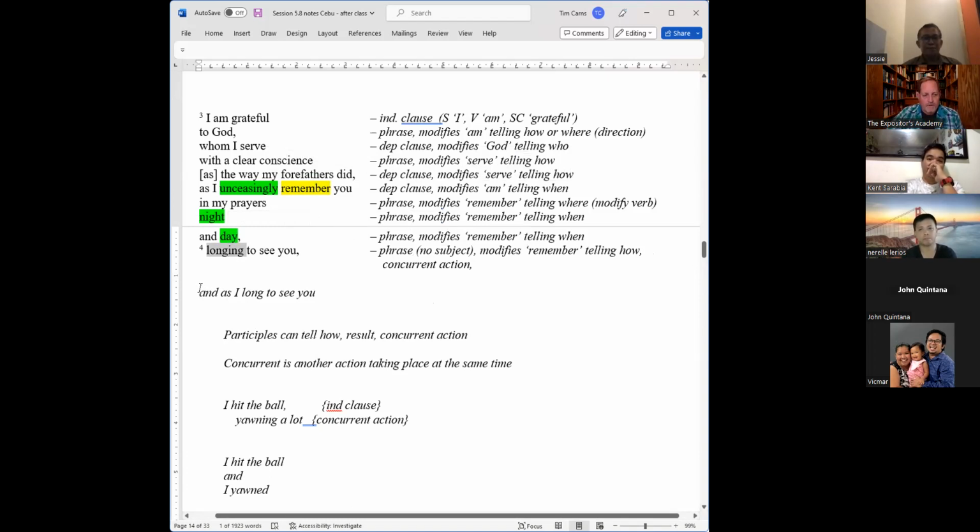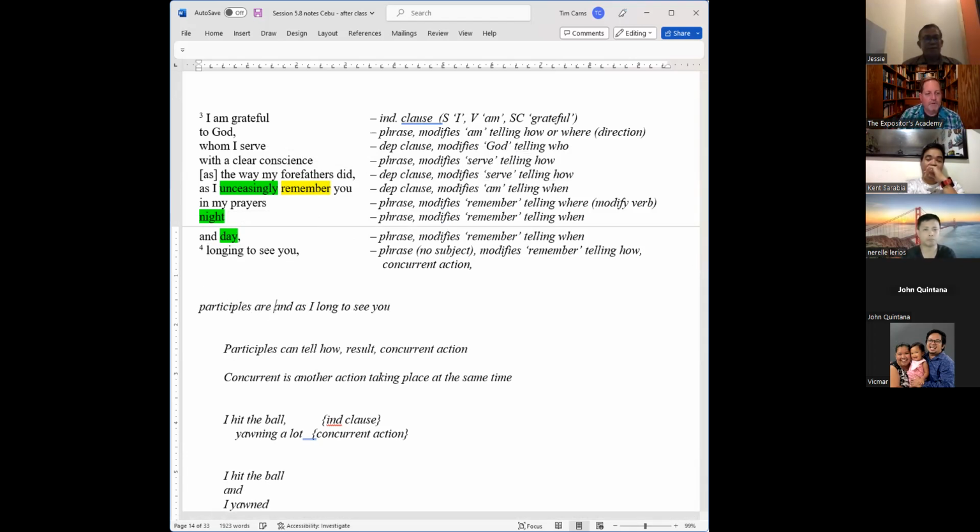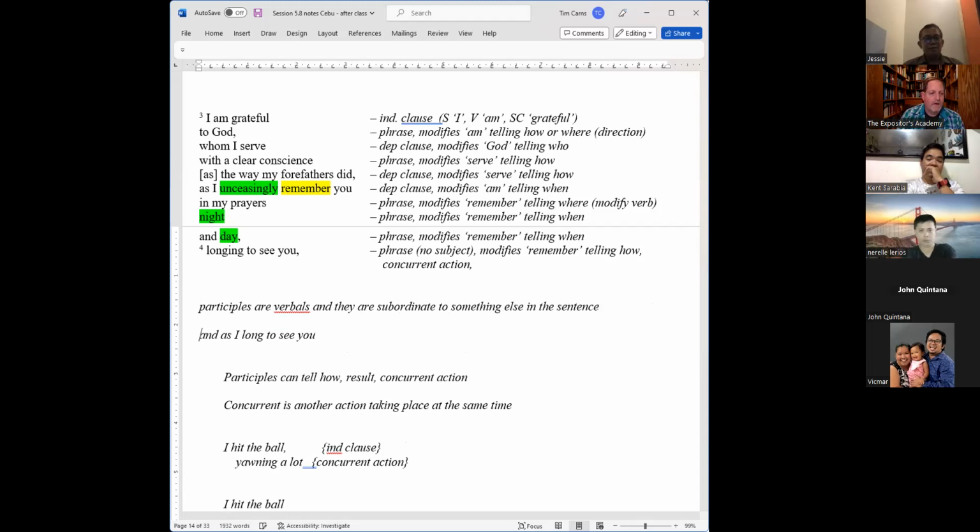So remember, participles are verbals, and they are subordinate to something else in the sentence. They always modify, in other words.